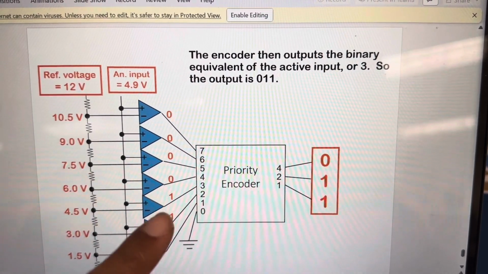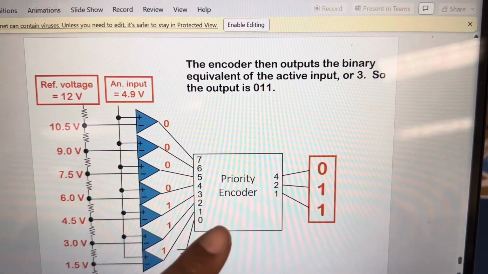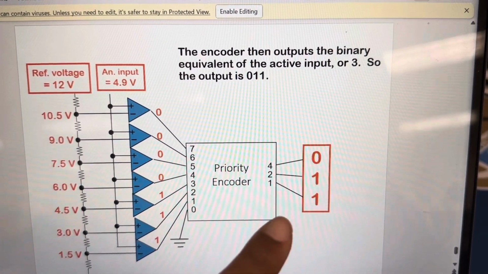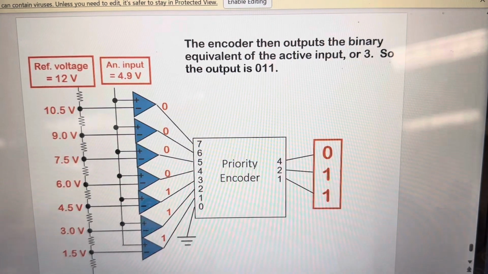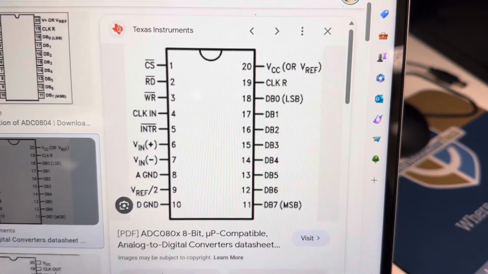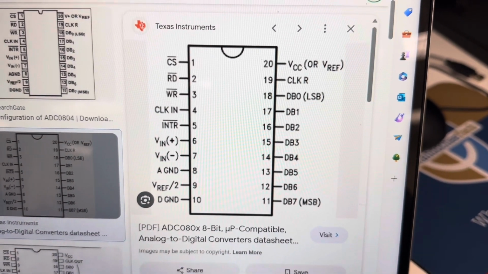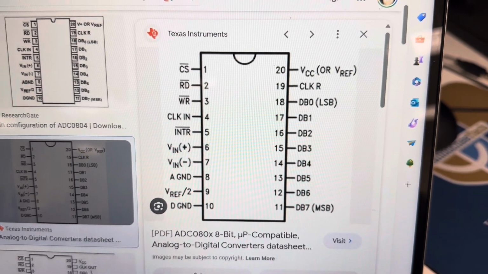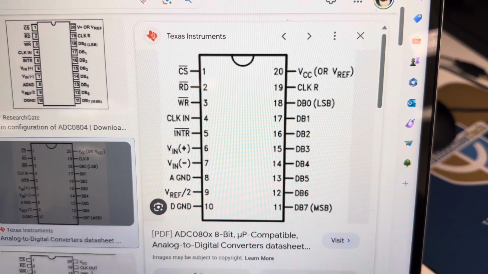It takes the 3 and puts it into binary, the language in which a device will be able to read and understand. Here is the pin diagram for an ADC chip, also known as an 0804 chip.